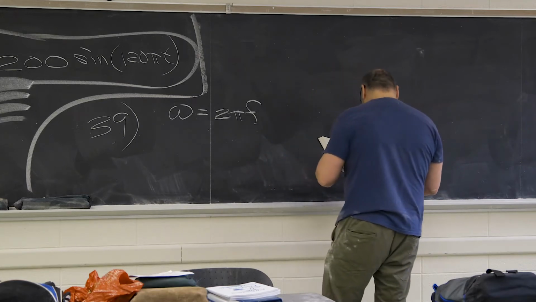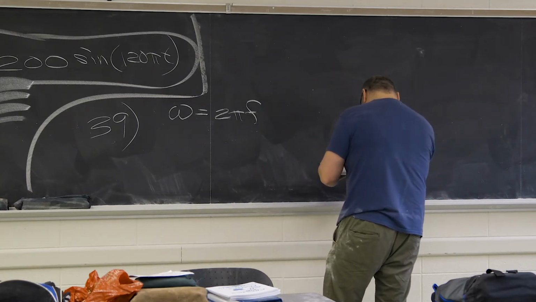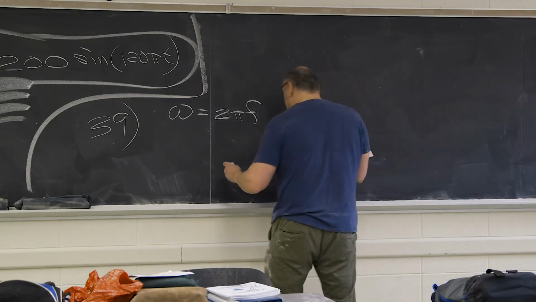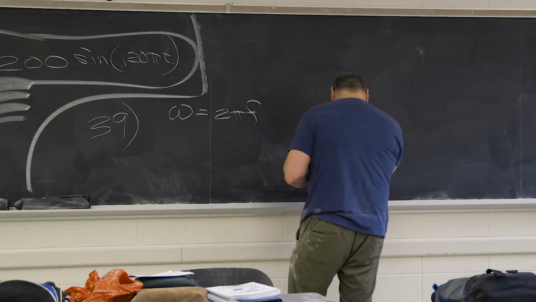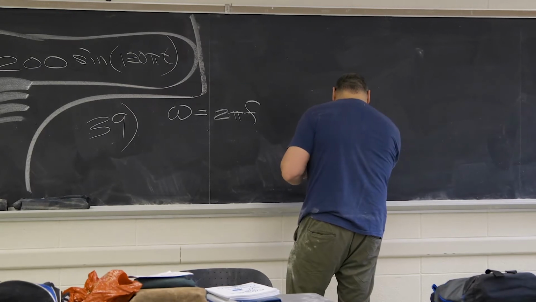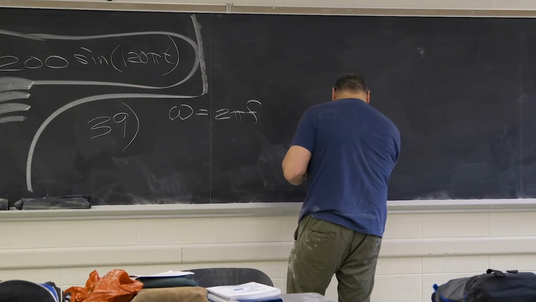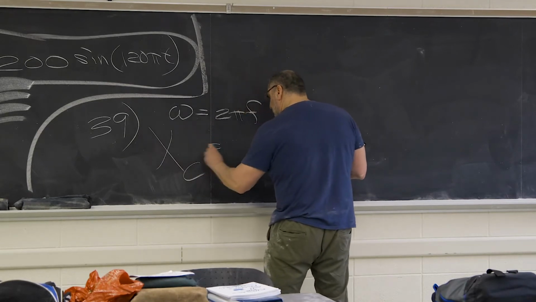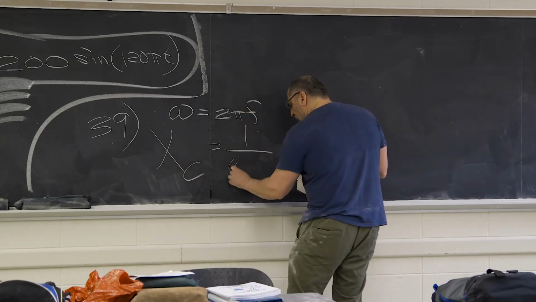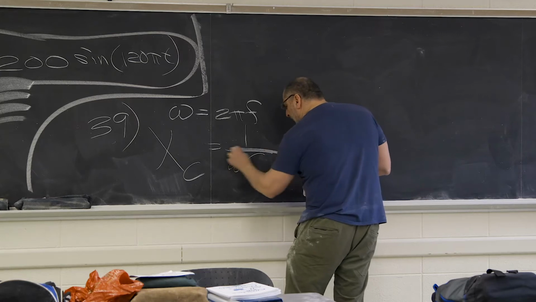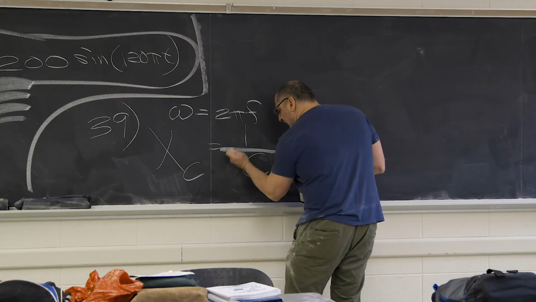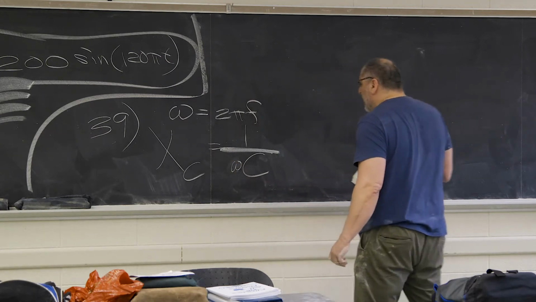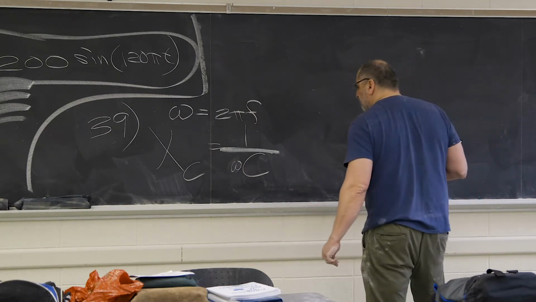There is capacitive reactance, X sub C equals 1 over omega C. It's like a kind of resistance in a sense. It resists the flow back and forth of current.